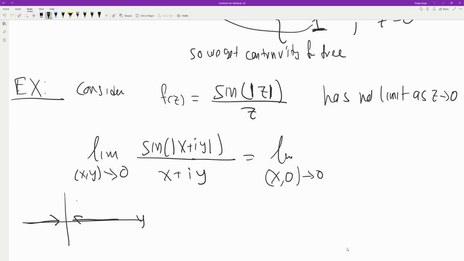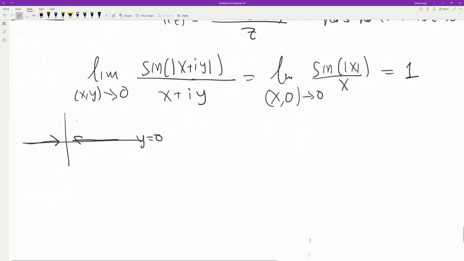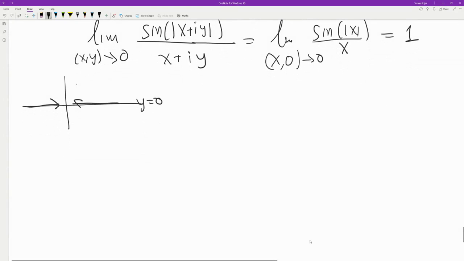So we set y equals 0. And if you compute this, you get 1. Okay. Now, we can also take this in a different direction.